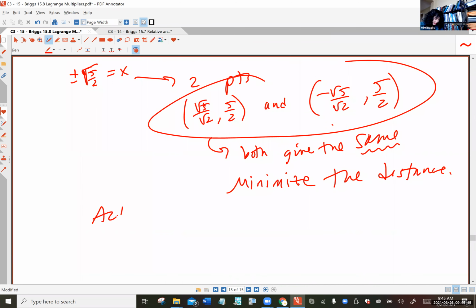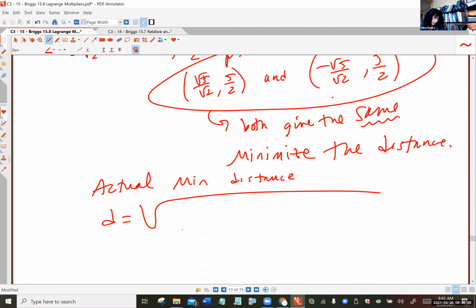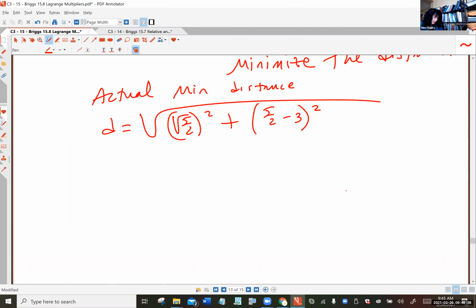And the actual min distance, which looks like that's what they want, we have to plug this into the distance formula here. So if you look at what you had there, you had x squared plus y minus 3, but y is 5/2, squared. Okay, and you do all this.